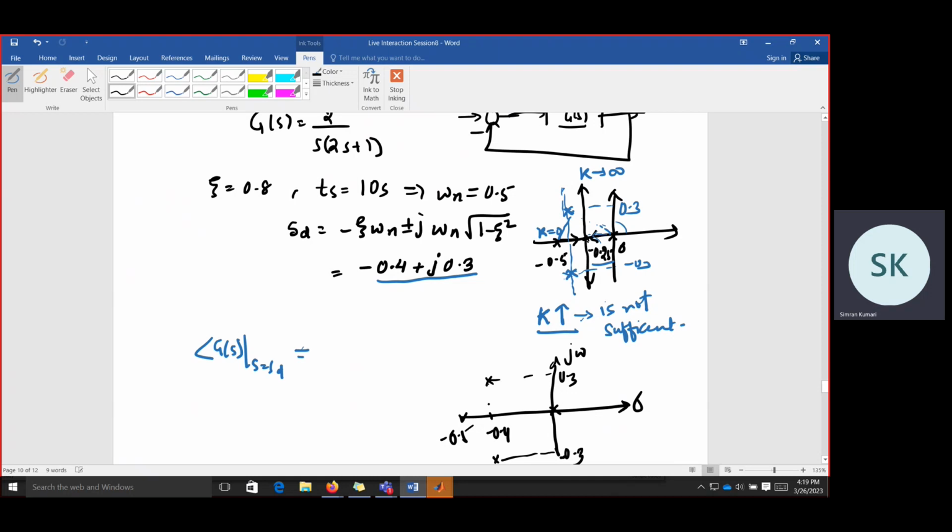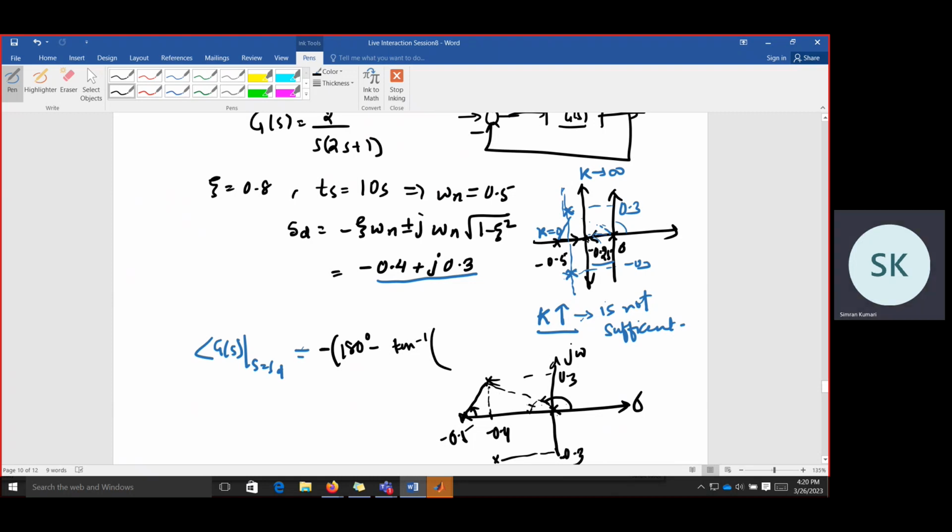This is sigma, this is j omega. Now, the overall angle should be minus 180 degrees so that it passes through the root locus. We draw this line. This is the angle contributed by this pole, and this is the angle contributed by the other pole.